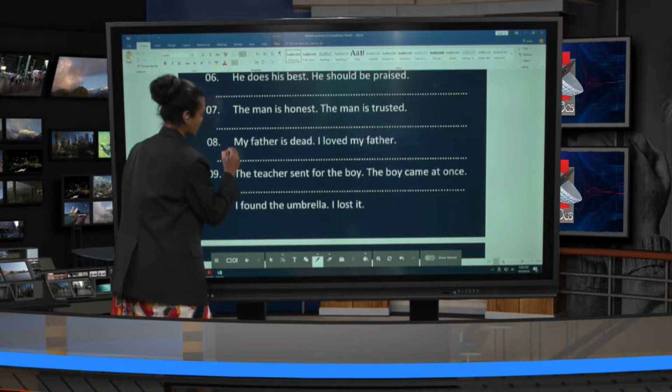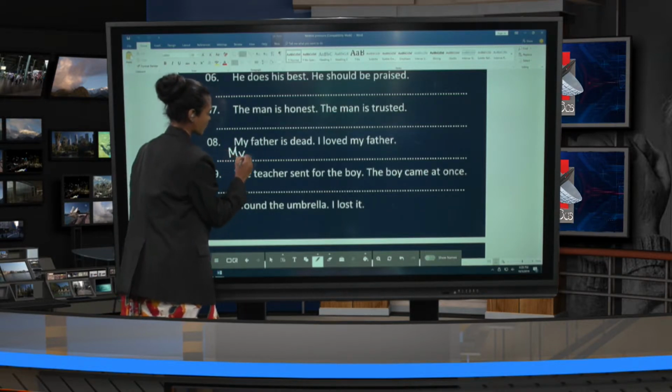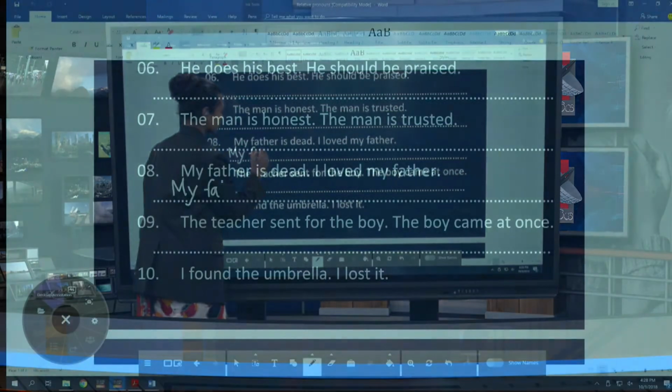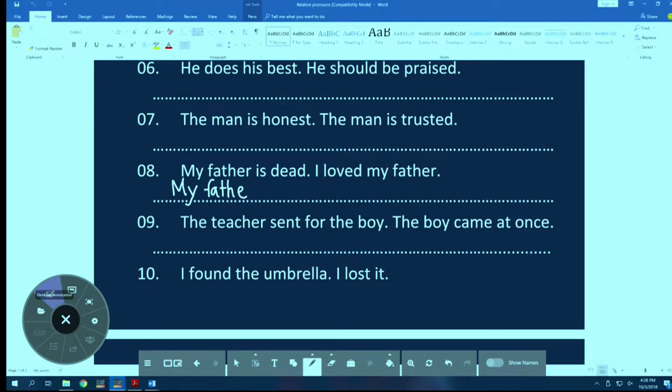You have to write it like this. My father whom I loved is dead, is no more.